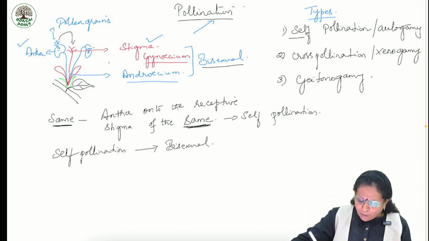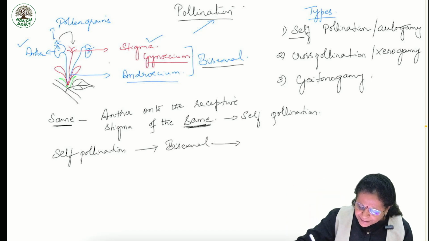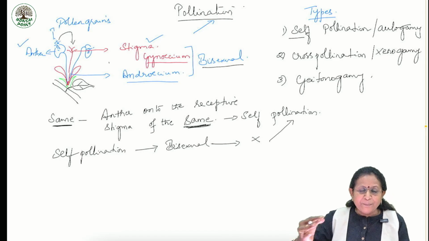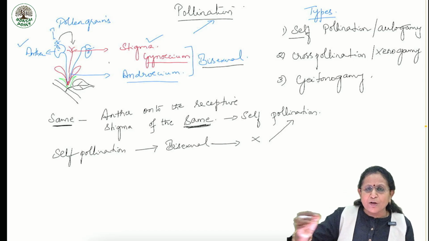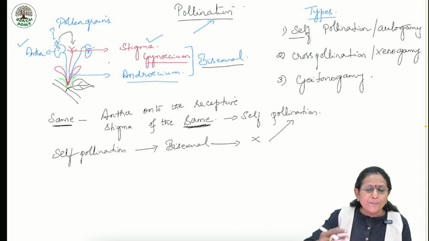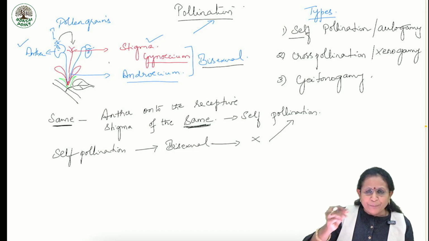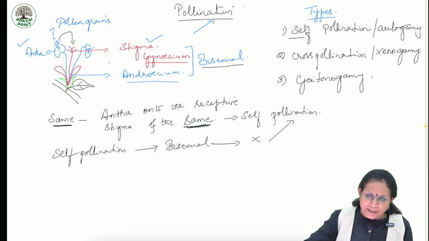But all the bisexual flowers will not undergo self-pollination. Why? Sometimes even though the flower is bisexual, they go for cross-pollination due to many reasons. Cross-pollination is also said to be an outbreeding device. Now, about the outbreeding devices, I'll come later.